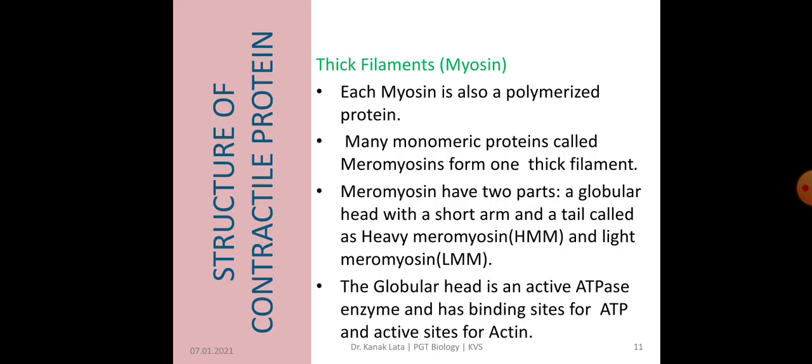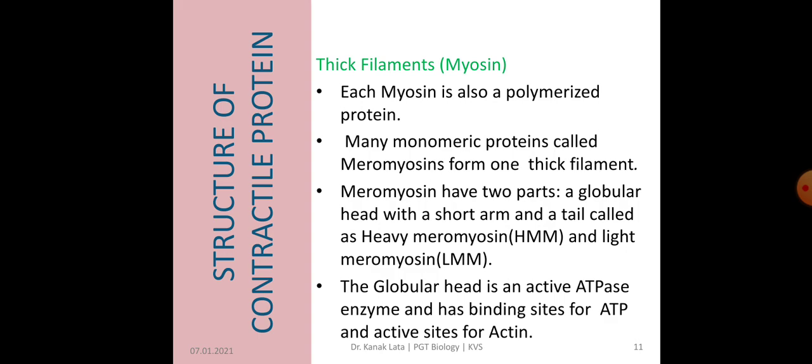Now we will discuss about thick filament called as myosin. Each myosin is a polymerized protein. Thick filament is formed by many monomeric proteins called meromyosins.